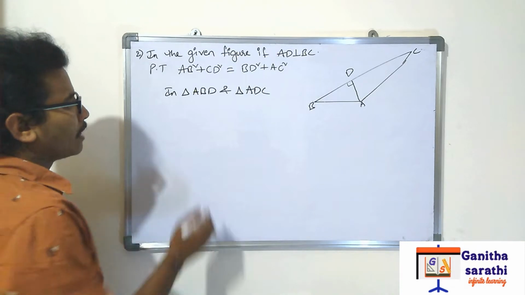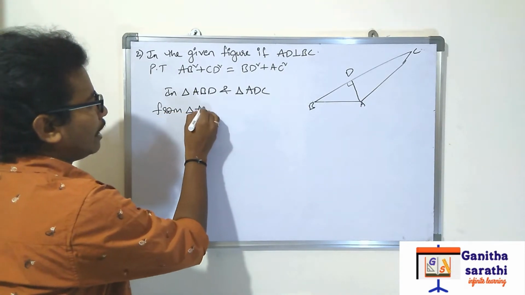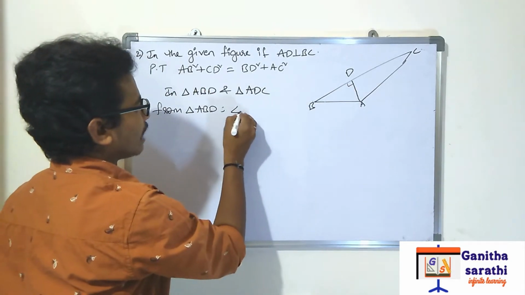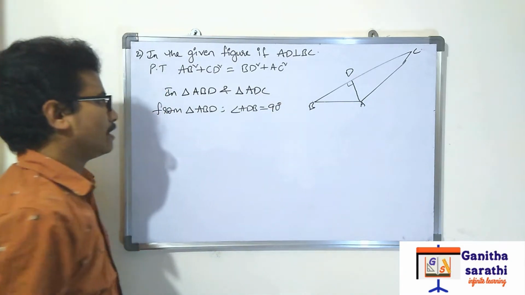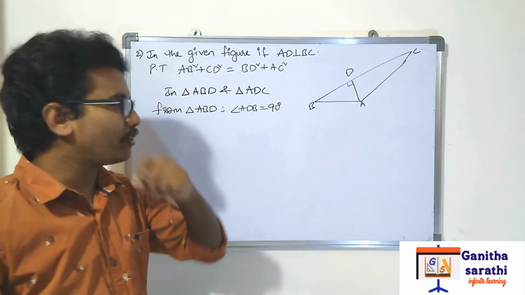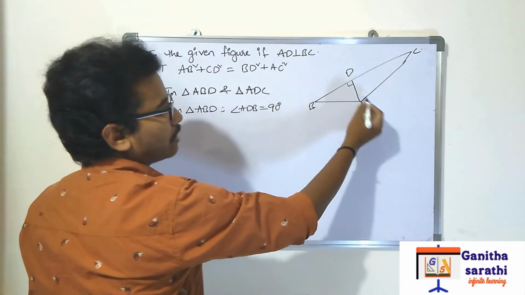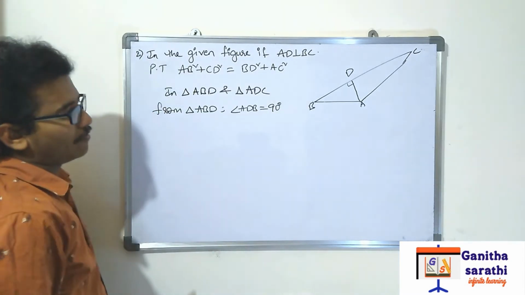Now see, first I am taking triangle ABD. What is the right angle? Right angle is at D, means angle ADB is equal to 90 degrees. Then what will be the hypotenuse in this triangle? AB will be the hypotenuse, definitely, right?